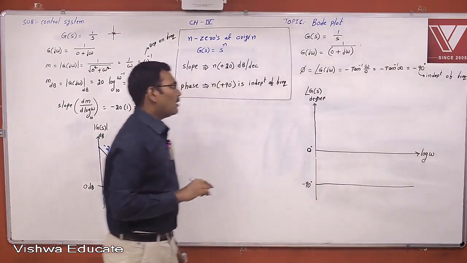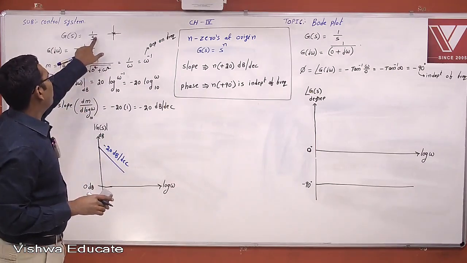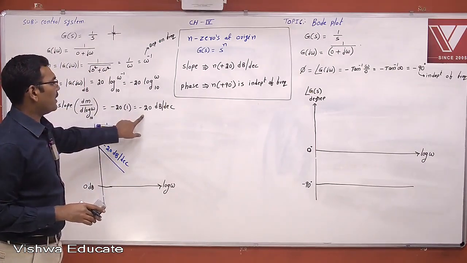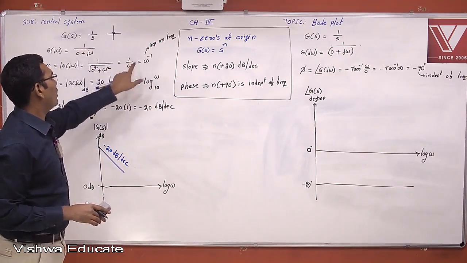Now in the same manner, one pole at origin, the slope is minus 20 dB per decade, because this is s power 1.